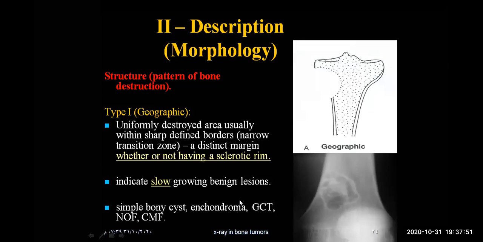So most of the time these are benign lesions, such as unicameral bone cyst, enchondroma, early stages of giant cell tumor, and non-ossifying fibroma. These are all the geographic type of lesion.